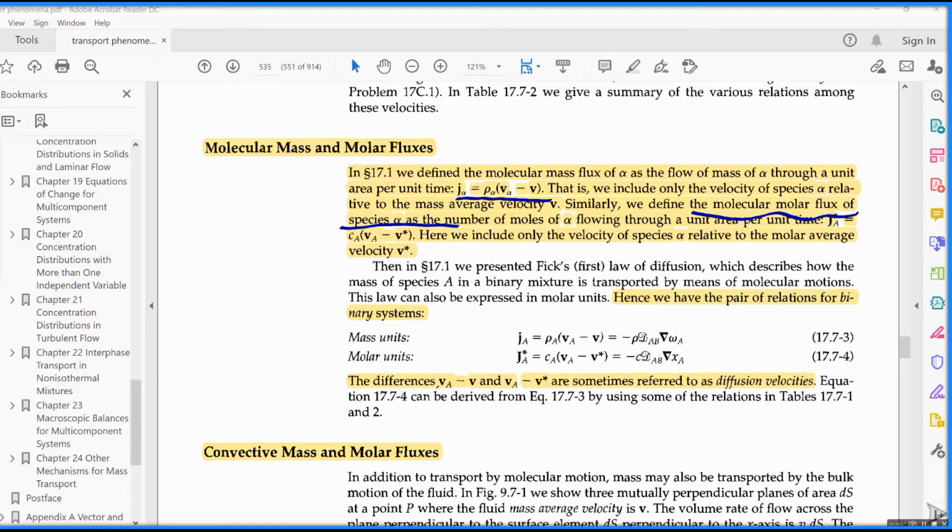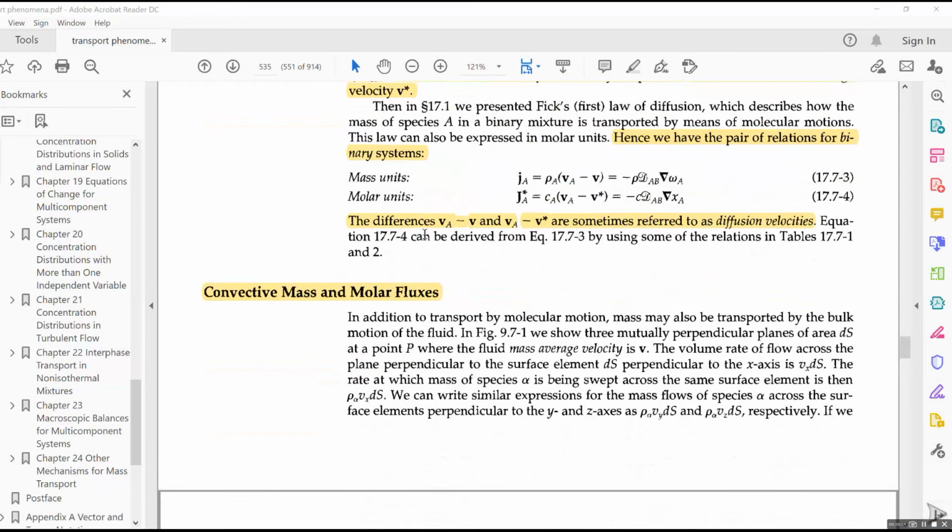The difference between V A minus V and V A minus V star is sometimes referred to as diffusion velocities. Diffusion velocities result in the species transport from one point to another, driven by concentration gradients.